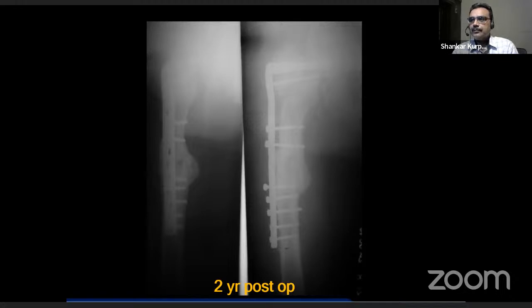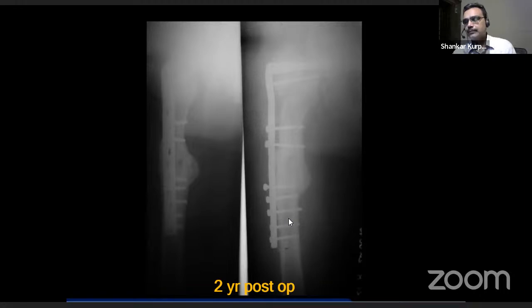I have always been worried about why anyone would want to use a locked screw on the shaft side when all the fixation anxiety is not on the shaft side, it is in the metaphyseal side. So why would we want a locked plate system here?